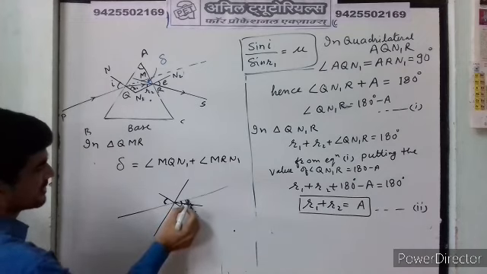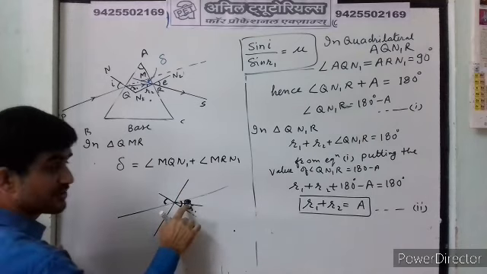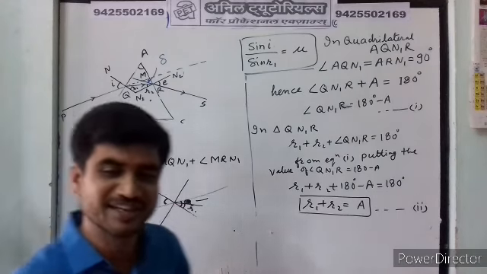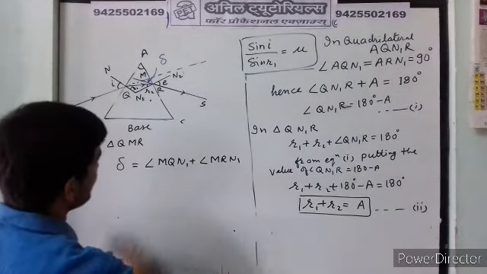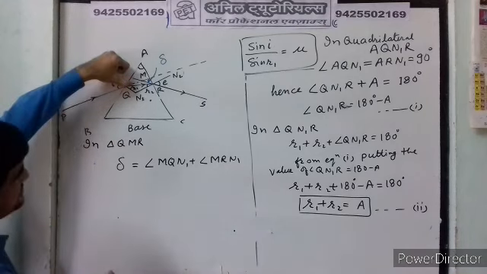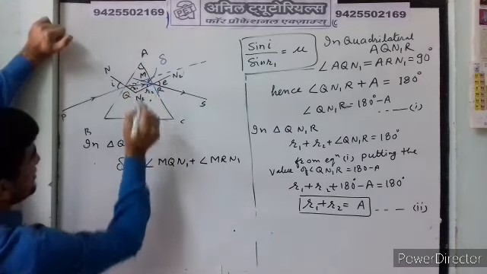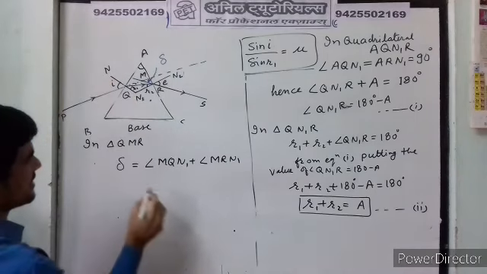So what about this angle, MQN1? We can write this angle is equal to I minus R1. Clear? Just see once again. This angle is I, this will also be I. This small angle we have to calculate, MQN1, is equal to I minus R1.